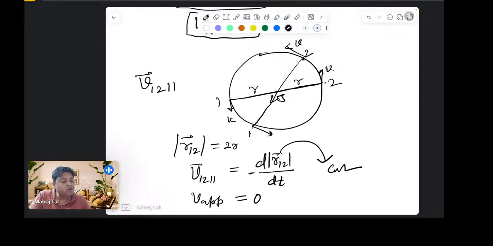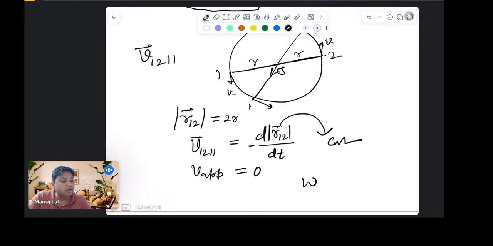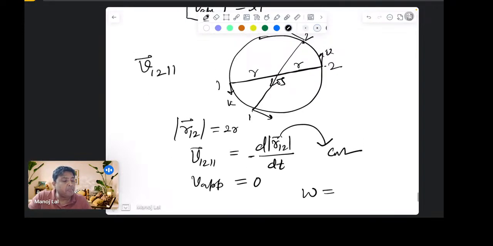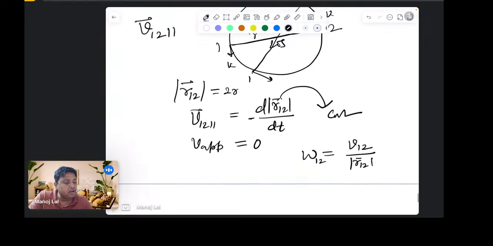So below there is an angular velocity, yes. Omega, you know what is the difference? Omega of 1 with respect to 2 will be what? Velocity of 1 with respect to 2 upon distance R12. That I can say is u minus u, 2u upon 2r, and that is u upon r.